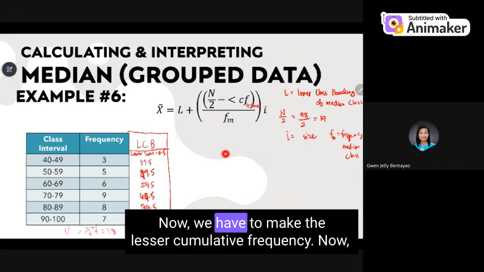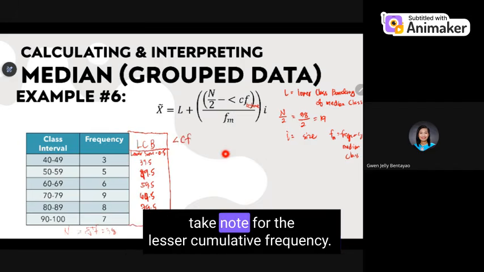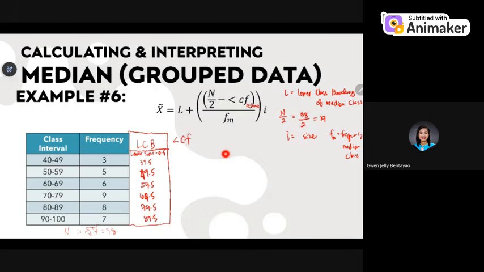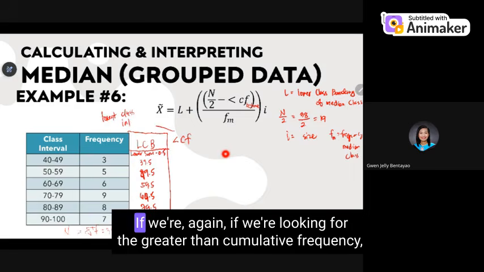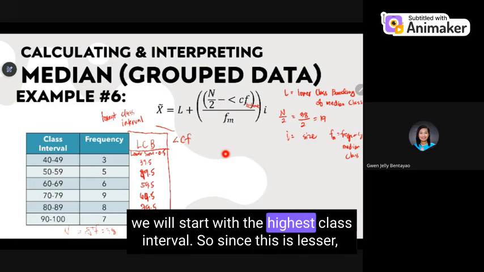Now we have to make the lesser cumulative frequency. Take note, for the lesser cumulative frequency, this should always start with the lowest class interval. If we're looking for the greater than cumulative frequency, we will start with the highest class interval.